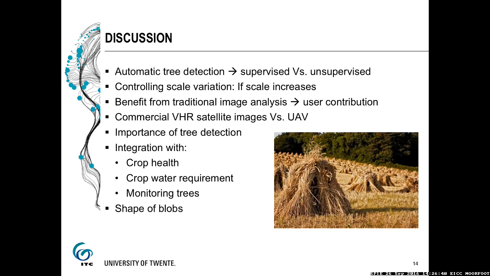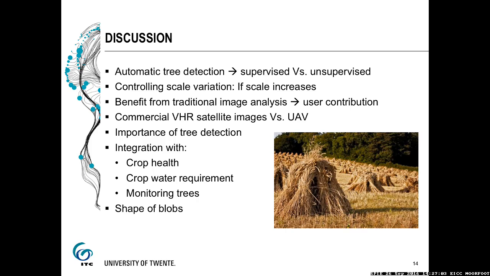And the last point in the discussion is that, for example, if you have different fields in the agricultural area, especially in the growing season, if you have orchards, maybe next to the orchards could be a patch of wheat, as you can see in this image. So how can we be sure that our method can really detect the trees truly?